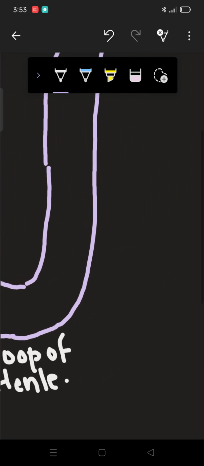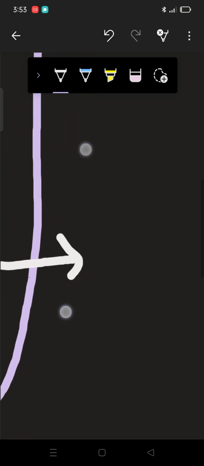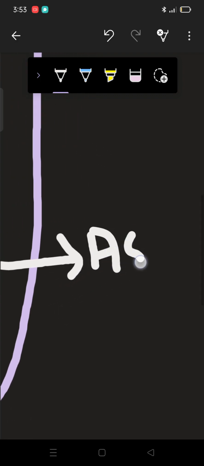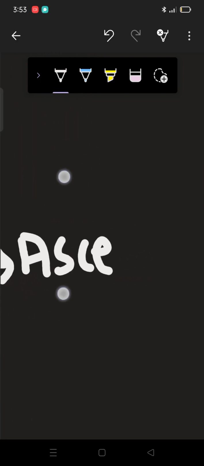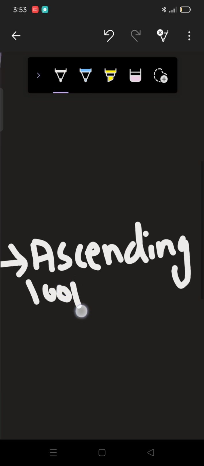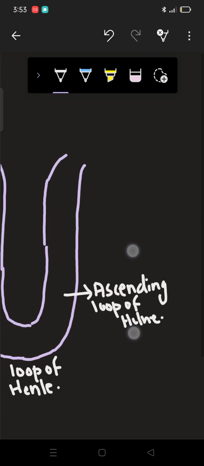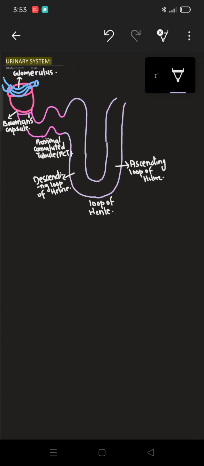While this side is going from down to up, this is the ascending loop of Henle. So as you can see here, we have made the descending loop of Henle and the ascending loop of Henle.